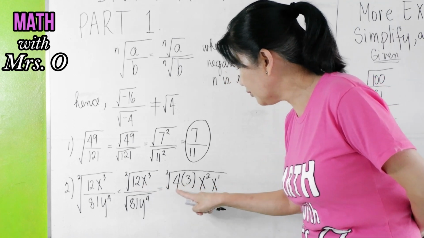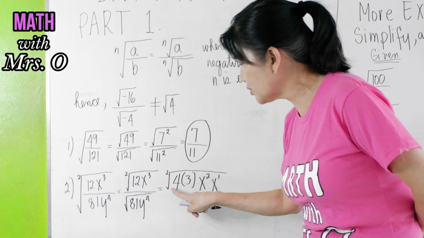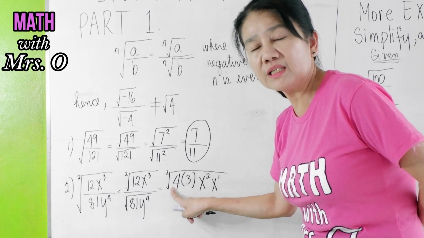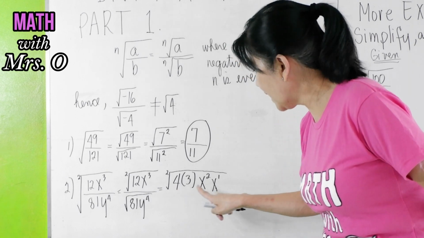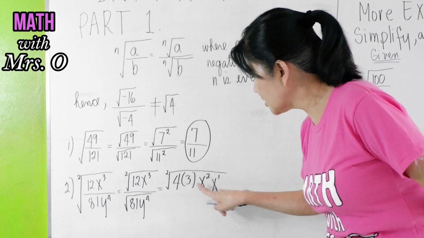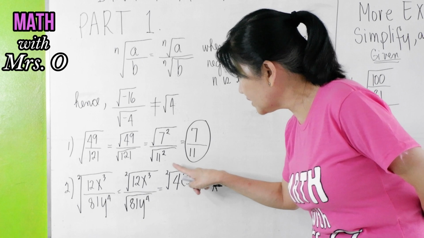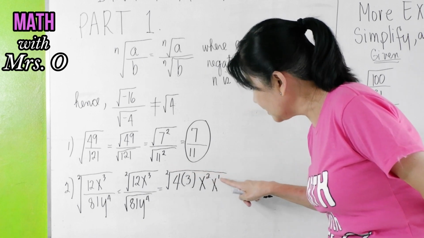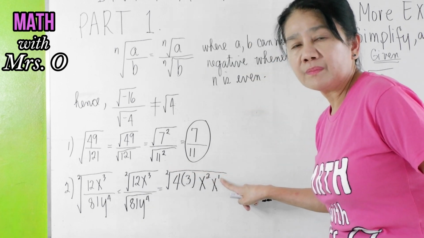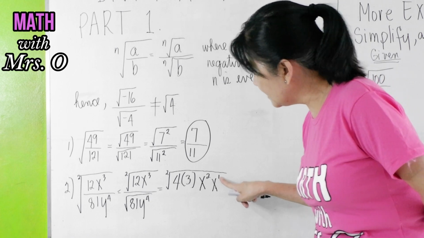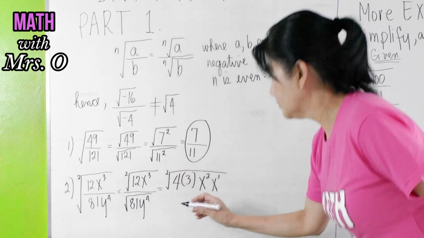Factor 12. 4 times 3. Why did I choose 4? Because 4 is a perfect square. Factor x cubed in such a way that one of the exponents is divisible by 2 and the exponent of the other is less than 2.